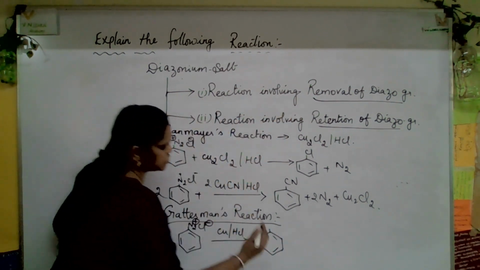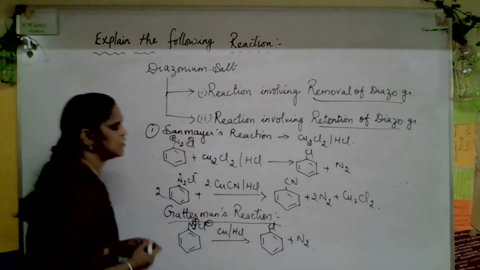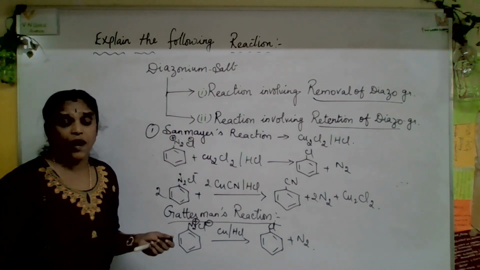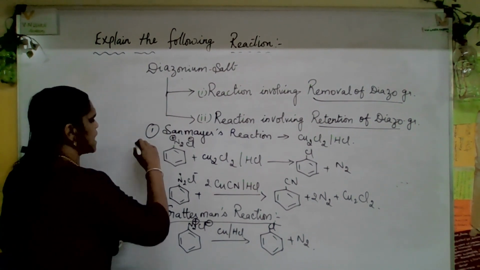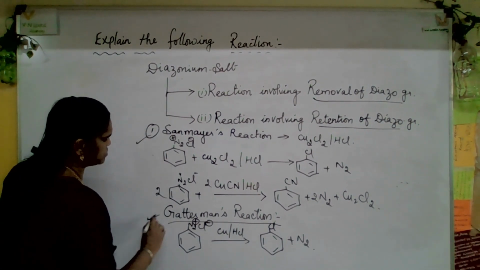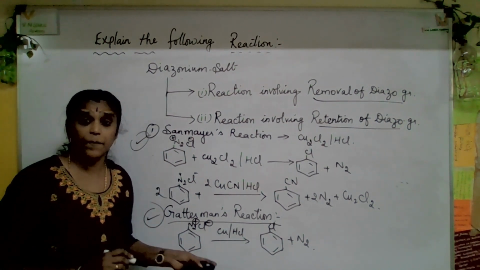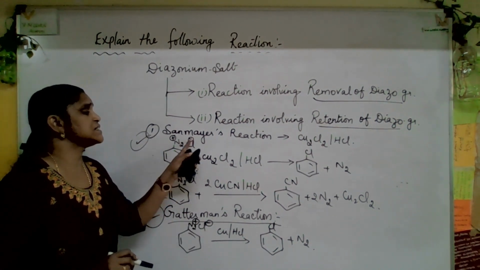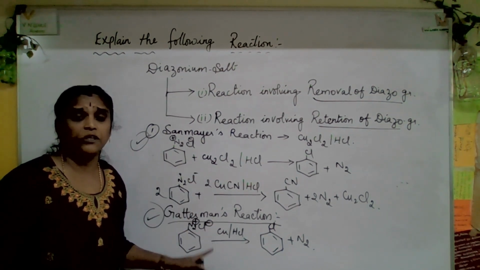Removal of diazo group, Cl plus N2. That's all. Hope you're clear with Sandmeyer's reactions and Gattermann's reaction. These are two naming reactions and very important. If they ask what is the difference between Sandmeyer's reaction and Gattermann's reaction, I hope you are able to answer it.